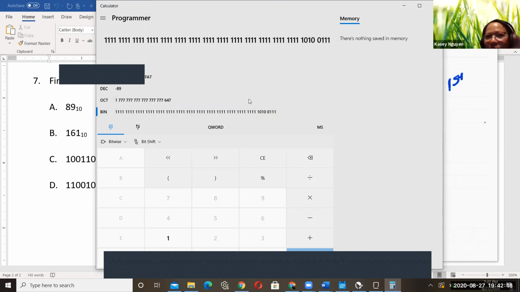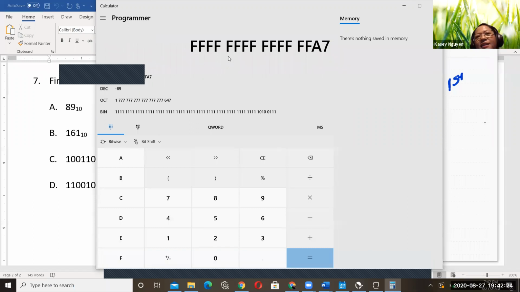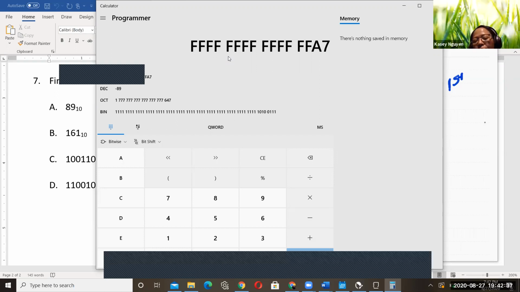So all of those ones fill in. And when you see this, if you look at the hexadecimal, that's all Fs in the front, because you remember when we're looking at 4 bits each time, those are Fs. Okay. Thank you. You're welcome. Any other questions?